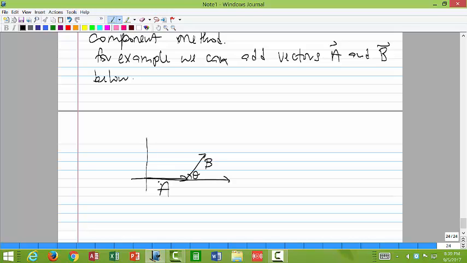So we have vector A and vector B. We can add them using the coordinate component method by taking each vector individually. This is vector A, and then I'll take vector B by itself and put it here with an angle theta.